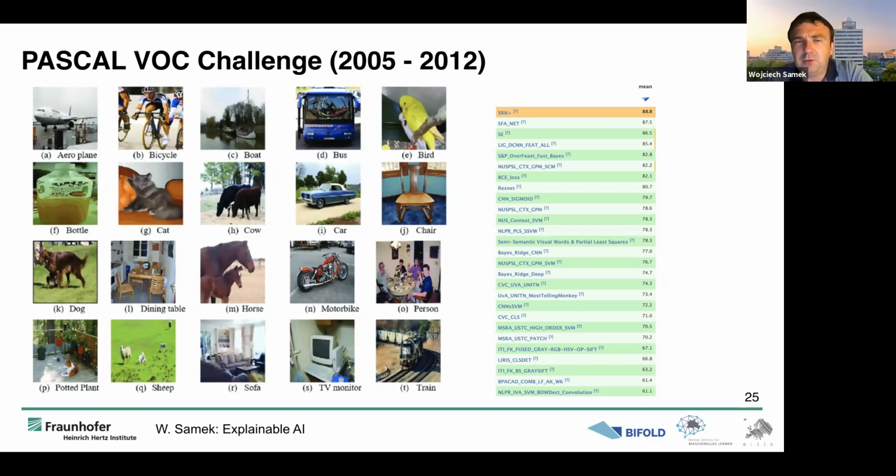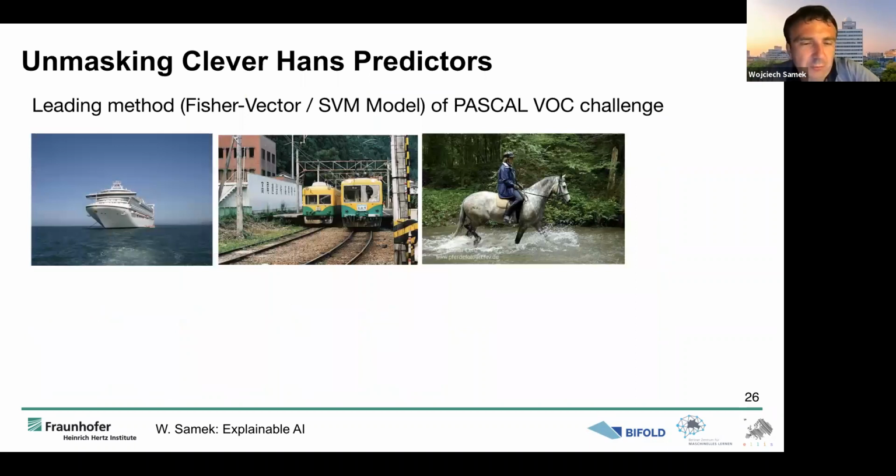But at that time, nobody knew what the model is really learning. What they only reported were average classification rates or mean AP scores or something like that. Nobody had a clue what the model is really doing. And what we did is we took the winning methods at the time, applied them to these images and computed explanations.